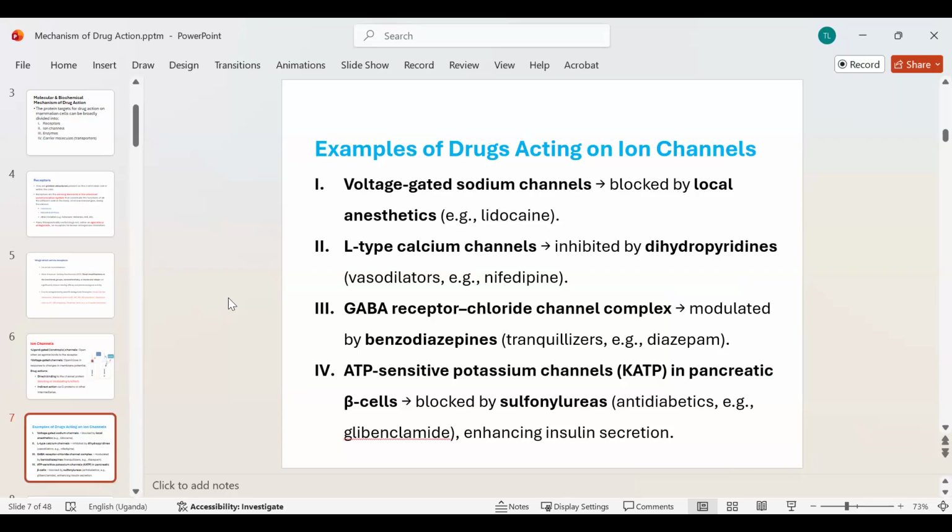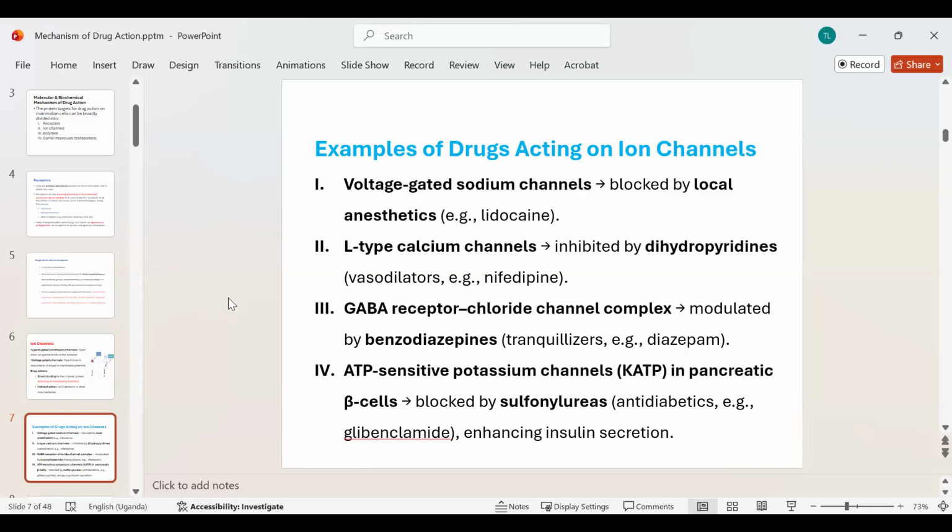Almost all of them, actually: local anesthetic agents, their mode of action is basically through the sodium ion channels. They tend to block the inactivated form of the sodium ion channel.